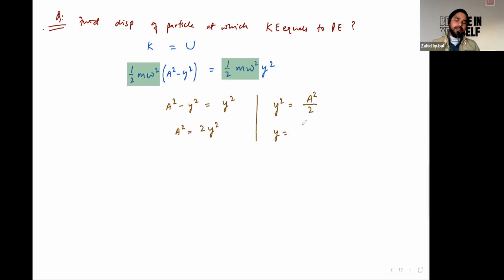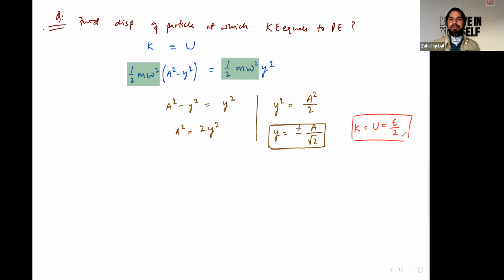On taking square root, you will get plus minus a by root 2. So just remember this particular part. At this displacement, kinetic energy and potential energy will be equal to each other. And also at this point, it will be half of total energy.